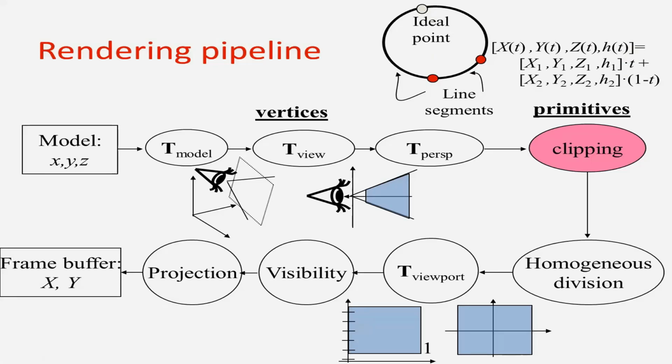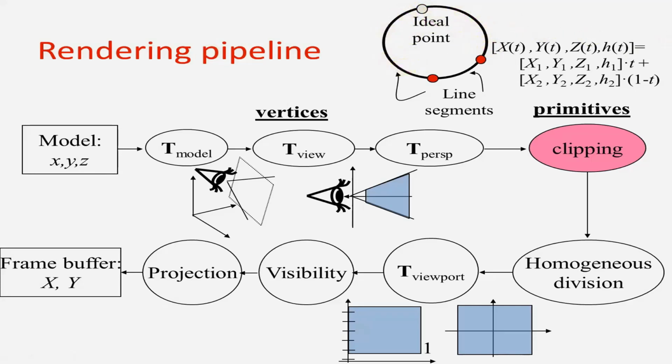So, if the two h coordinates have the same sign, then the line segment is normal. If the two h coordinates have different signs, then the line segment is wrapped around, so it contains the ideal point and we would view it as two half-lines.